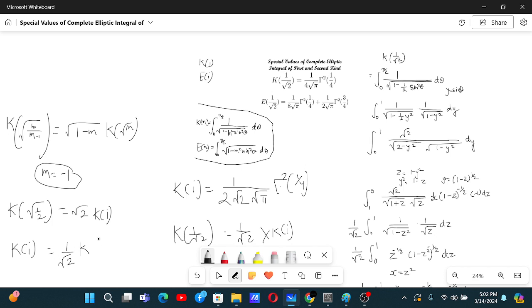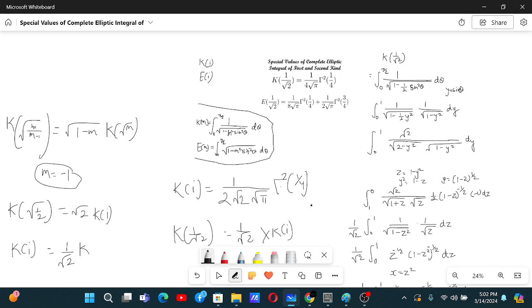wait a second, here it's something different. K of root m by m minus 1 is root 1 minus m times K of root m.